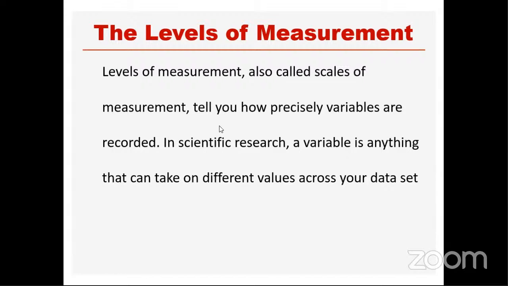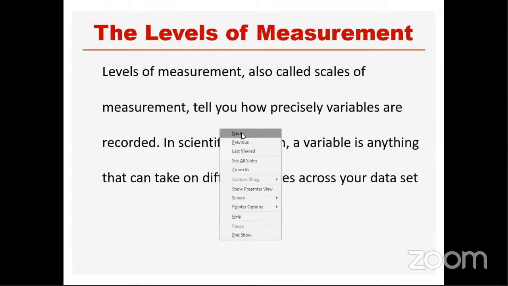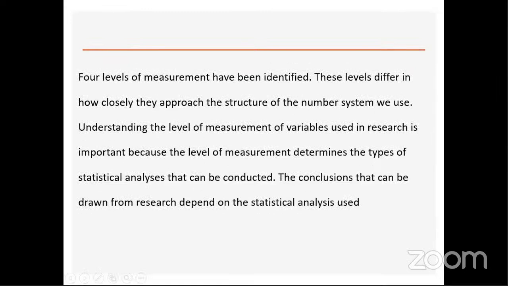Now, to progress, we have principally four levels of measurement. These levels differ in how they approach the structure of the numbers that we use. There are four levels, and they are approached in different ways.